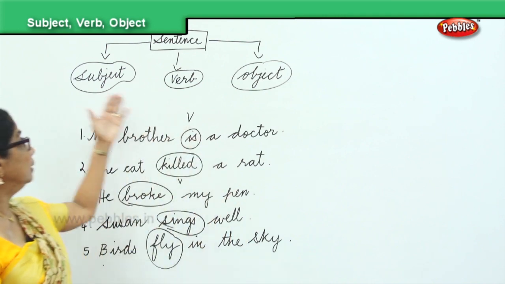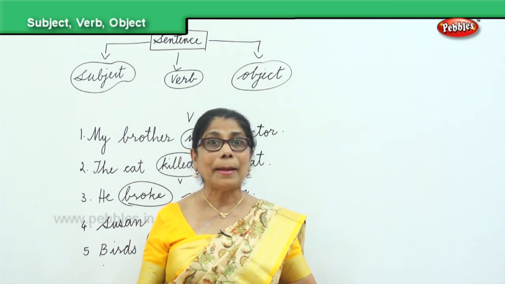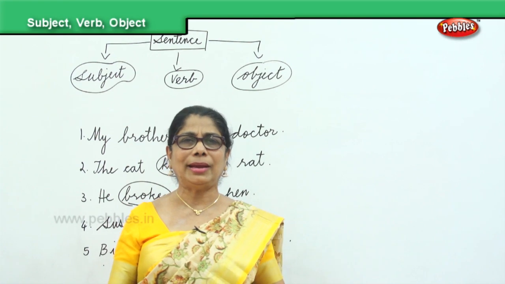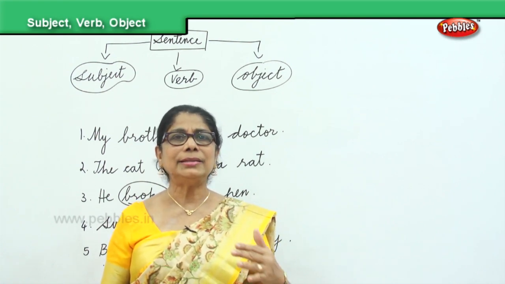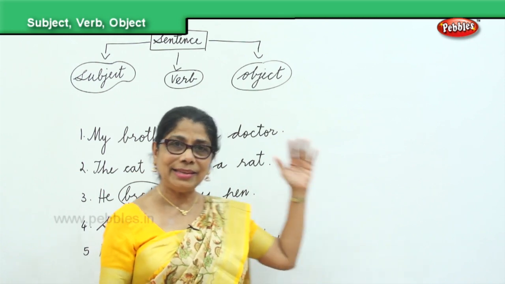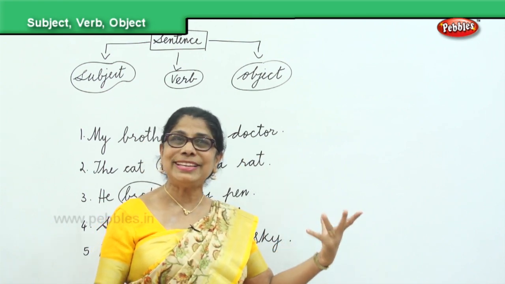Now, supposing I say, I drew a picture. I am the subject. What is the verb? Drew. What is the object? Picture. Now, what am I doing now? I'm teaching you. So you can say, the teacher is teaching well. Who is the subject? Teacher. Verb, teaching. How does she teach? Well.